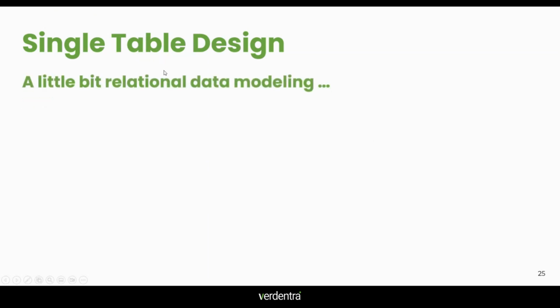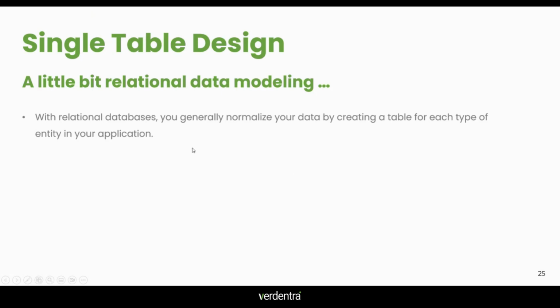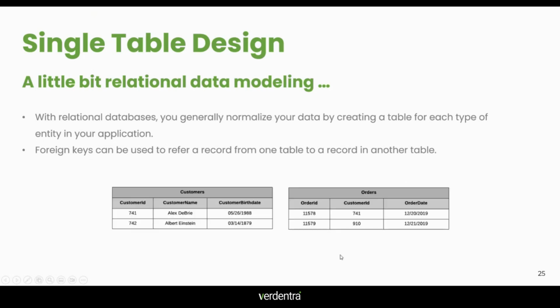Before we go to single table design, let's talk a bit about relational data modeling. With relational databases, you generally normalize your data by creating tables for each type of entity. You can use foreign keys to reference a record in one table from a record in another table. A simple example: you have customers and orders, and a foreign key here called customer ID.